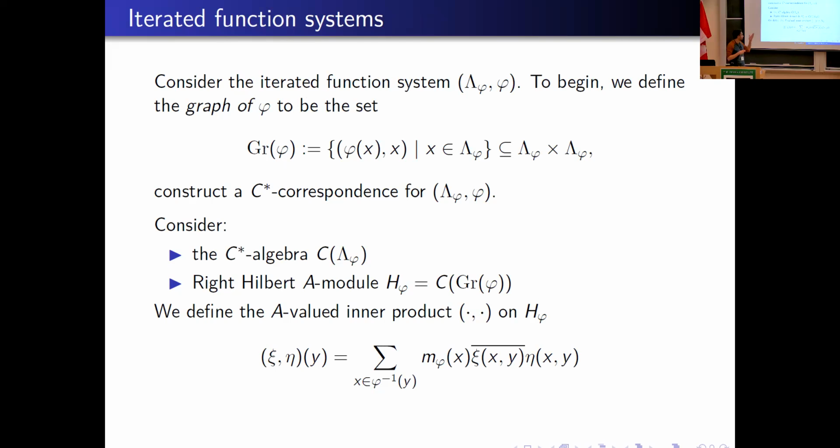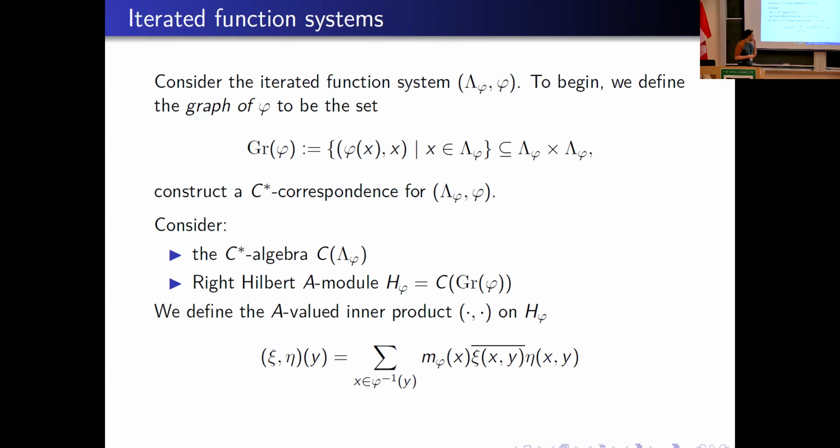So you have a C-star algebra, which is the usual continuous functions on your set, and you define a right Hilbert module from the continuous functions on the graph, with the inner product given by this sum here, where the term right there is related to the multiplicity of the rational map. And this is very important.